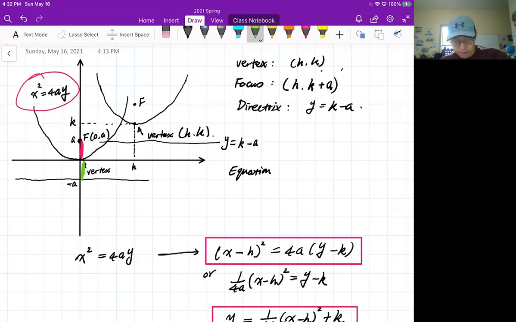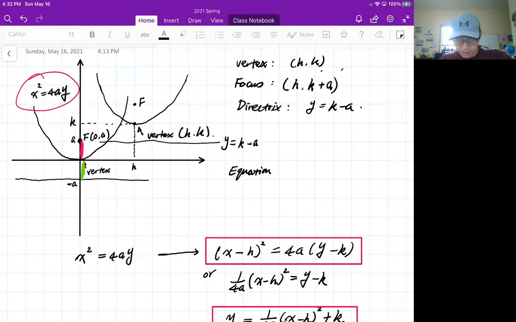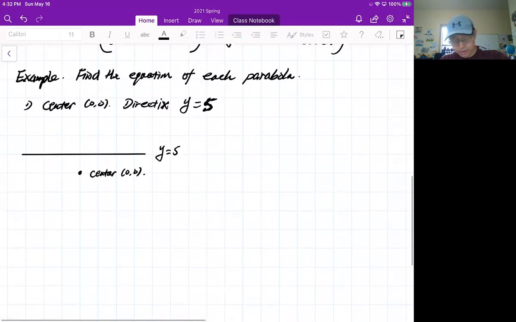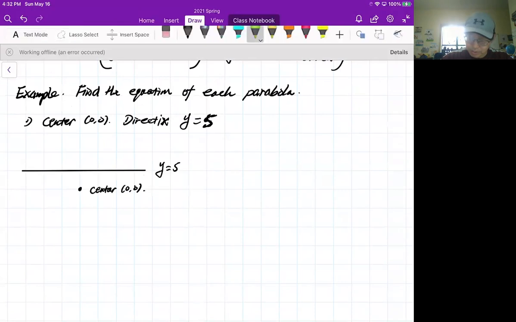So let's go back to here. Where is the center here, and where's the focus? I mean there should be the vertex, not the center, because when we talk about the center, we're talking about the ellipse. So I'm going to redraw it.